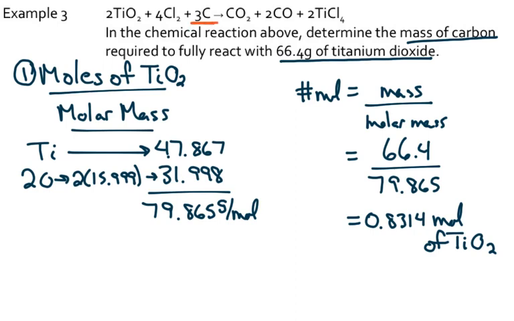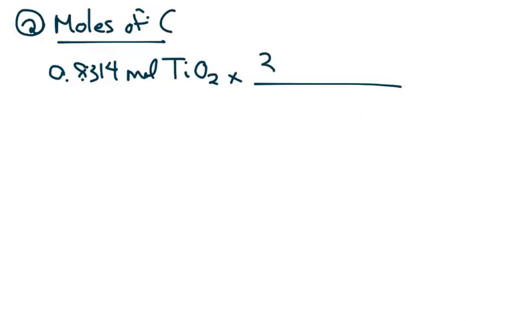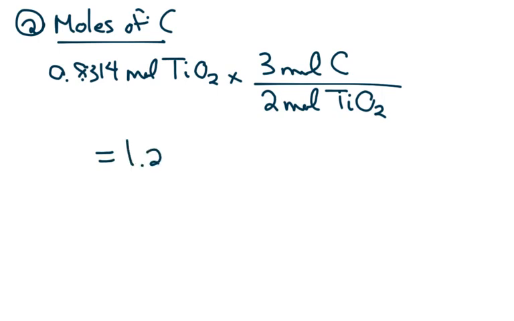Carbon, what we're looking for, has a coefficient of 3. Titanium dioxide has a coefficient of 2, so that's what will go in the mole ratio. 3 moles of carbon and 2 moles of TiO2. Multiplying that out tells us that we will need 1.2471 moles of carbon.